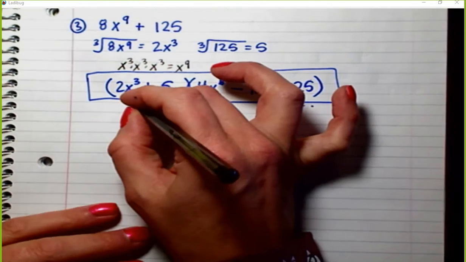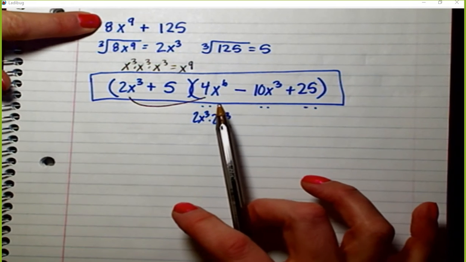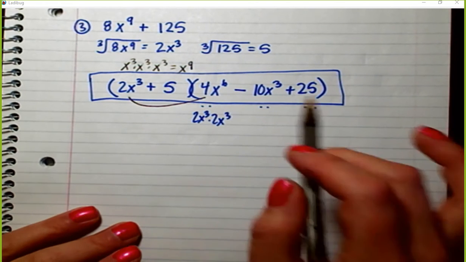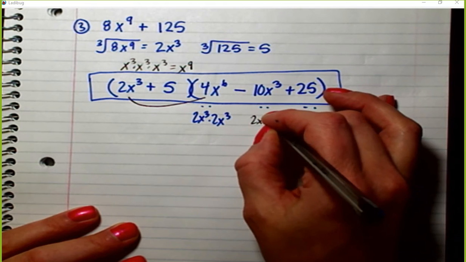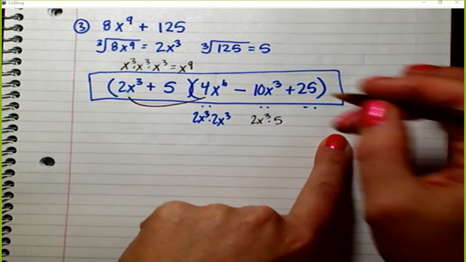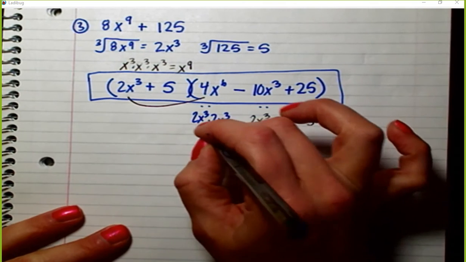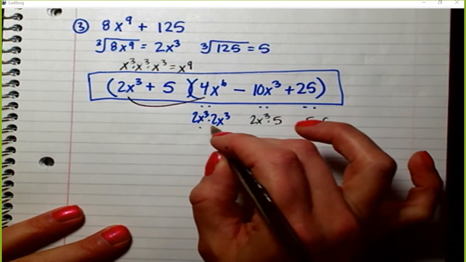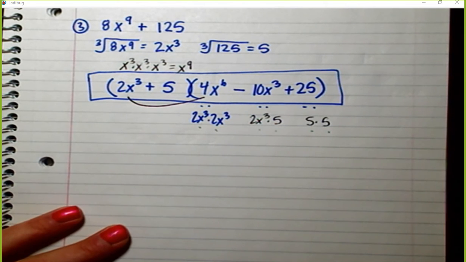Notice that if you were to multiply these two things together, you would actually get 8x to the 9th, okay? Then the opposite product, so that would be 2x cubed times 5. That's the middle term. And then the last term is 5 times 5. So a times a, times b times b.